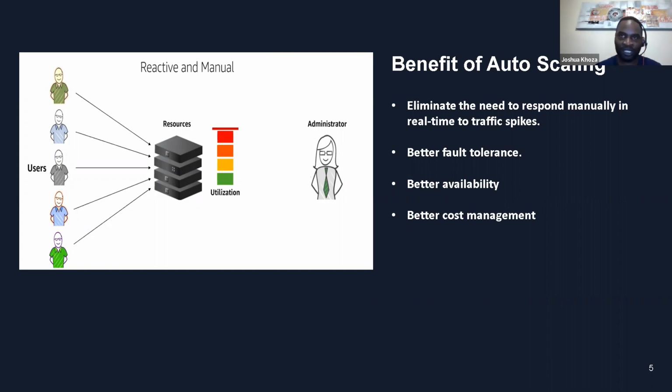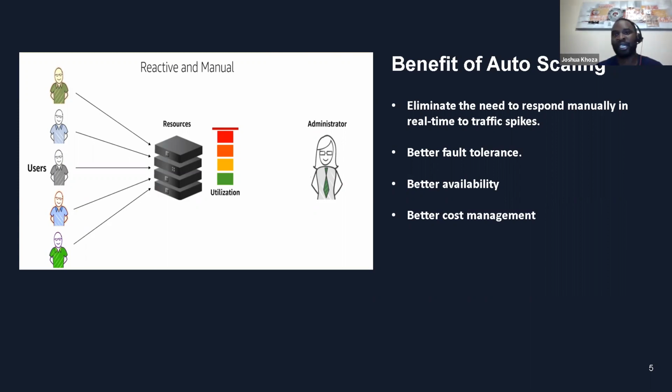We're going to discuss that so that you have an idea what an AMI is. Then for better availability, you ensure the application always has the right amount of capacity to handle the current traffic demand on your application.